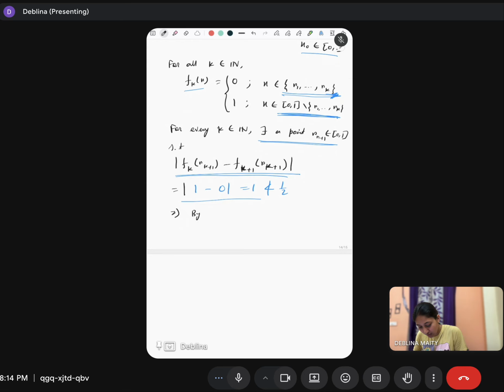So by the Cauchy criteria, the sequence of functions fn is not uniformly convergent on this [0, 1], right? So we have proved this by the Cauchy criteria.